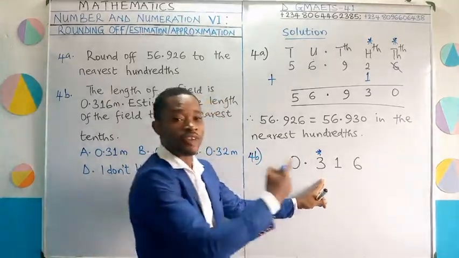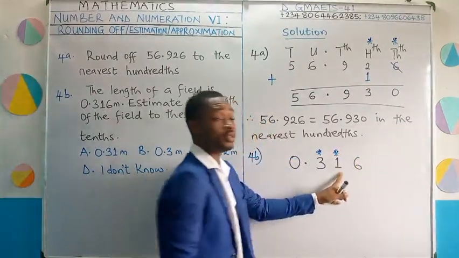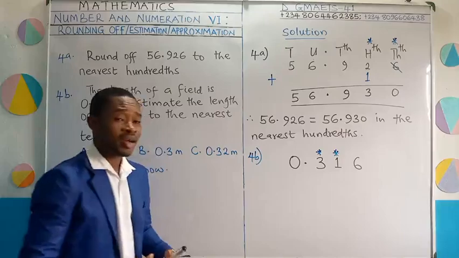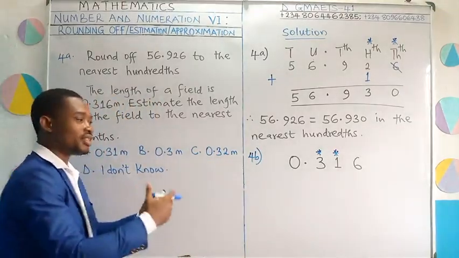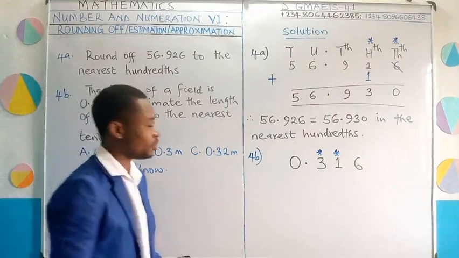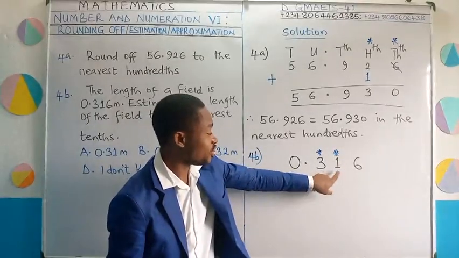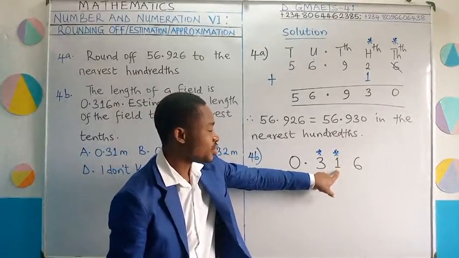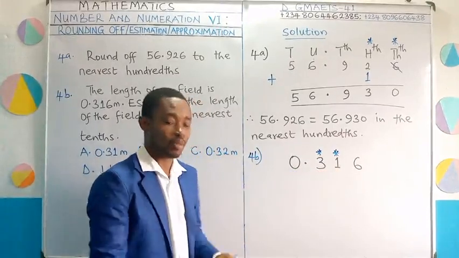And then the place value I'm rounding off from, which is this hundredths place value. The digit there is 1. I'll now ask myself, rounding off into the nearest tenths, what do I do? I'll check the hundredths digit. This digit is less than 5.